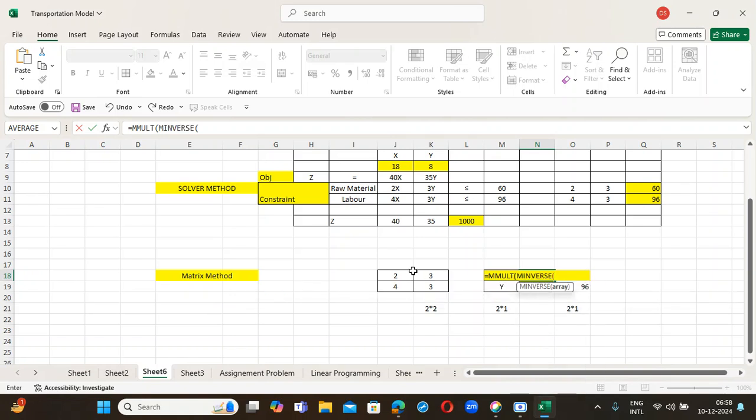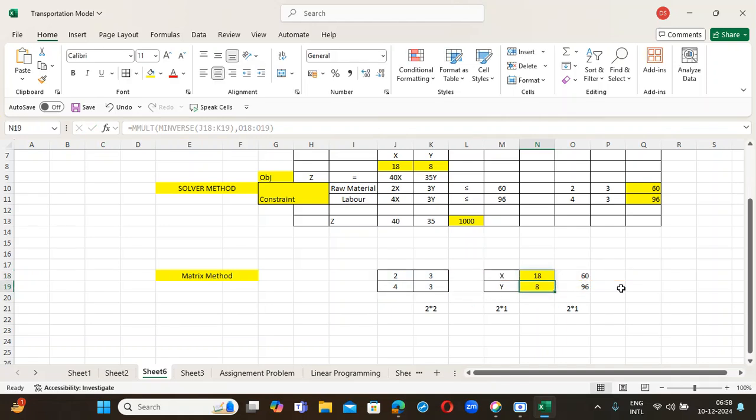Which matrix do you have to invert? The particular matrix, then comma, then it's a multiplication. Which things do you have to multiply? 60 and 96. Then you make it.